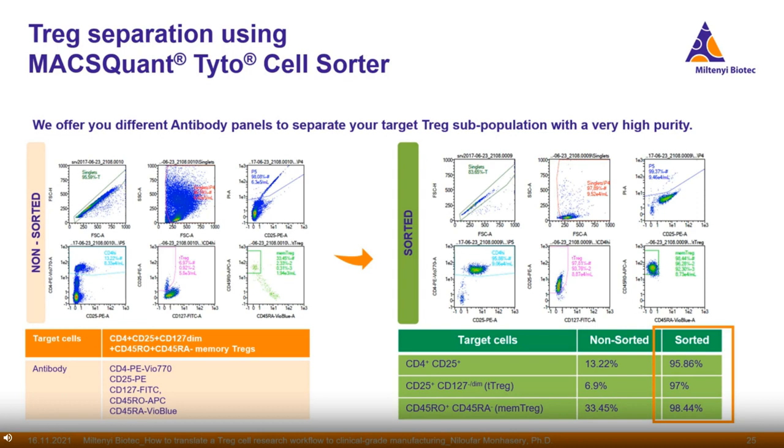Naive Tregs reach about 97%, and the memory Tregs fraction is a really great number, over 98% purity. It shows the functionality of this cell sorter for sorting even very, very rare cells with the highest purity that you can get.